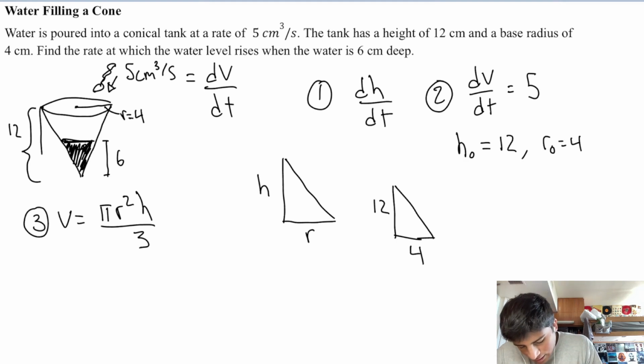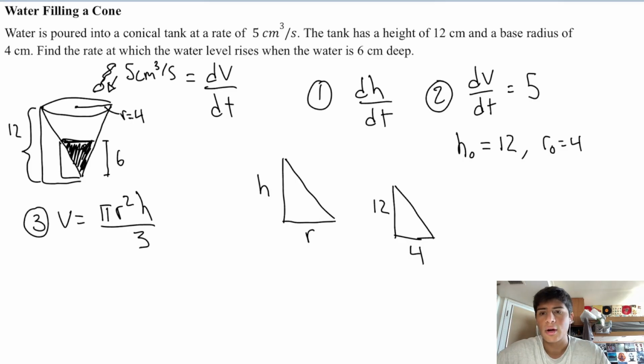Now our small triangle where the water is going to be a similar triangle to this big triangle. Okay? And we know that the smaller triangle at the point we're looking for has a height of 6, which means that it has a radius of 2.